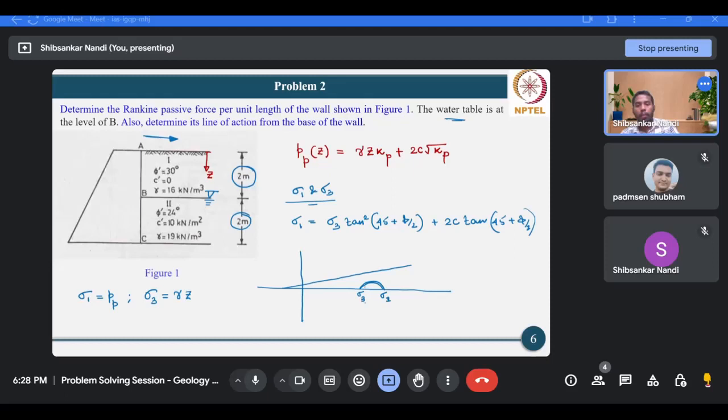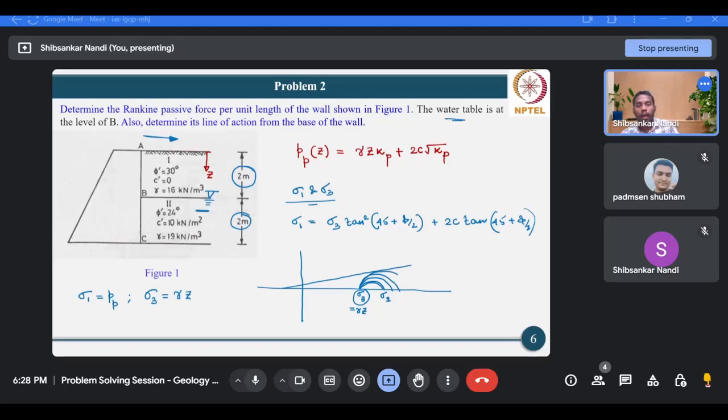Now what is happening? Your vertical stress at any level remains constant, and the lateral stress goes on increasing due to the movement of the retaining wall towards the backfill. So this sigma 3 value, which is nothing but gamma z, will remain constant, and the Mohr circle will expand in this fashion.